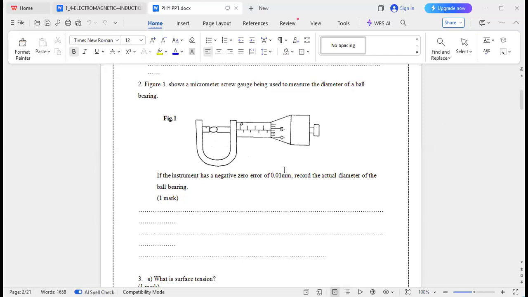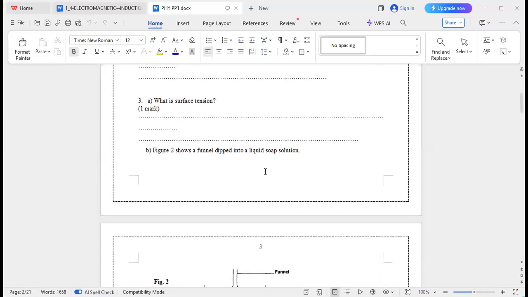You can ask later. Number 3, what is surface tension? We are being asked to define surface tension.